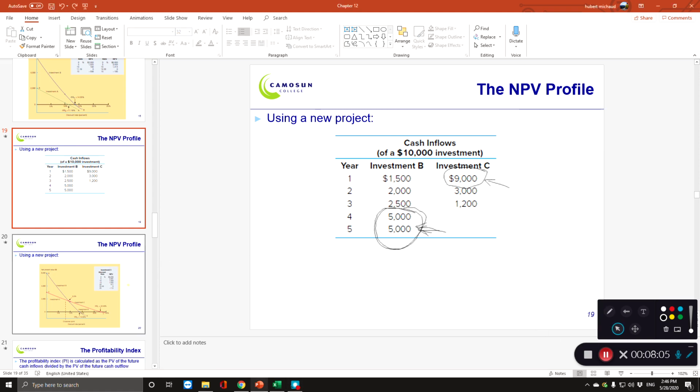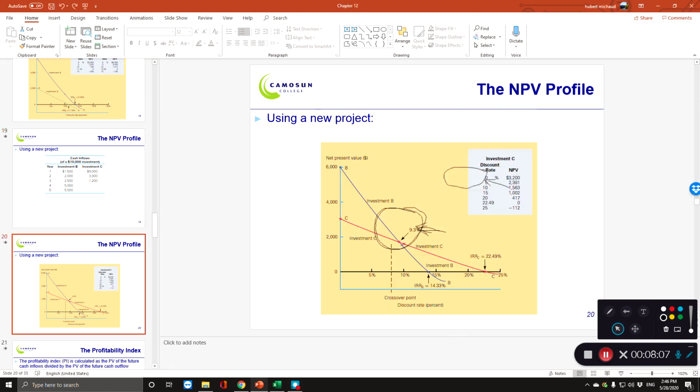This leads to an issue, right, where project B, because it has really big payments at the end, when the interest rate is low, project B has a really high rate of return, because all of the payments are at the end of the project's life, and interest rate has a big impact on it, so the NPV profile will slope downward faster than the other project. It's going to go down really fast.